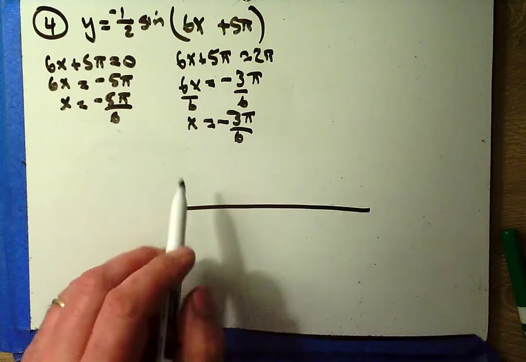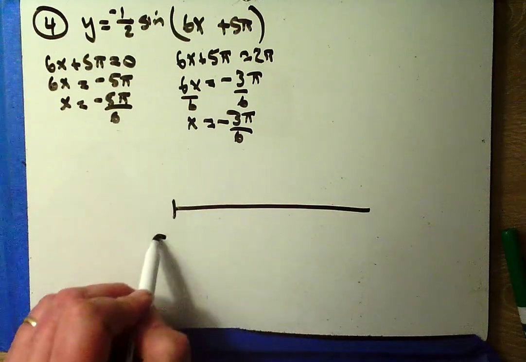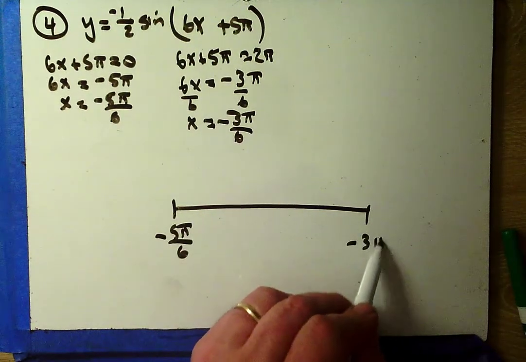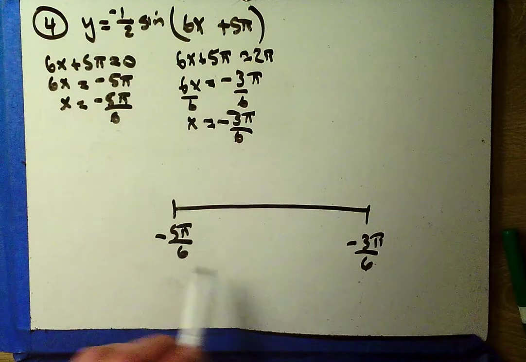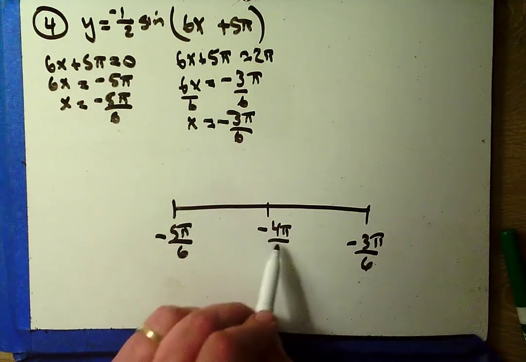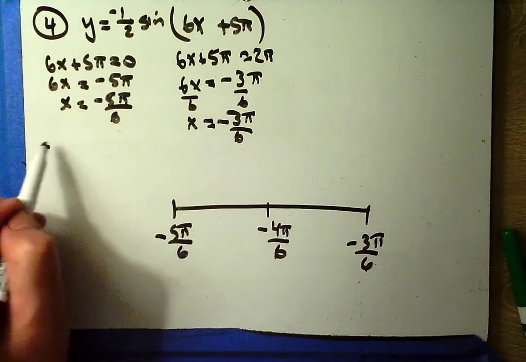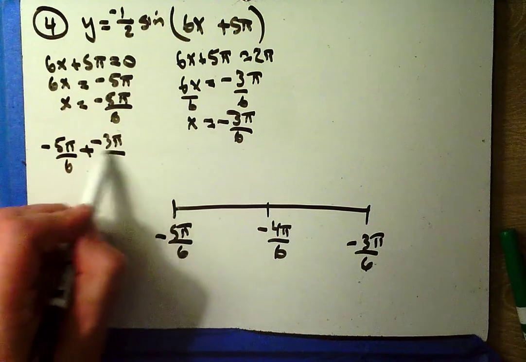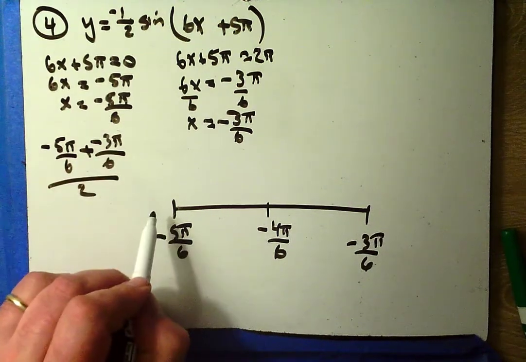Okay? So we've got negative 5 pi over 6 on one end and negative 3 pi over 6 on the other. Well, halfway between negative 5 and negative 3 is negative 4 pi over 6. But we could always do negative 5 pi over 6 plus negative 3 pi over 6 and then divide by 2.